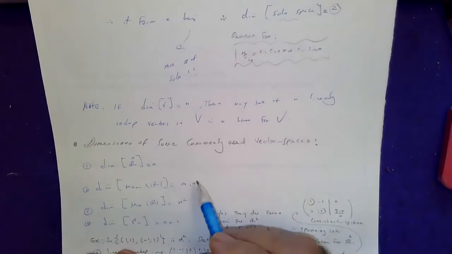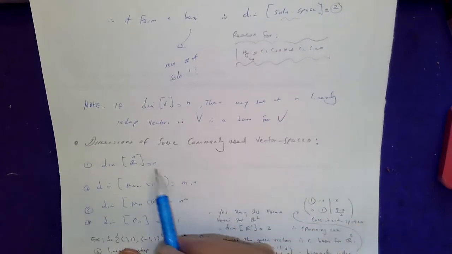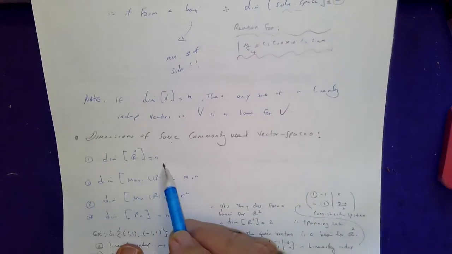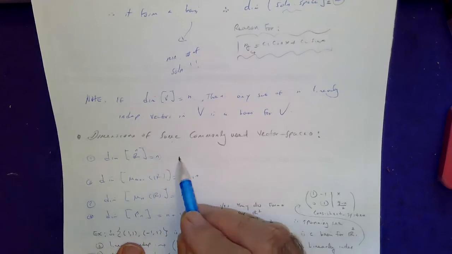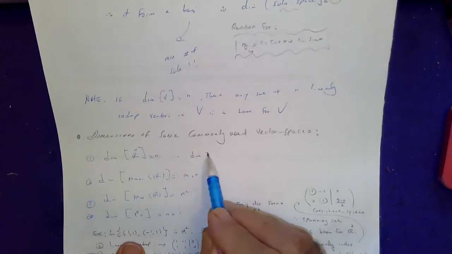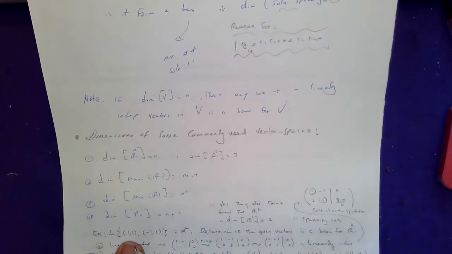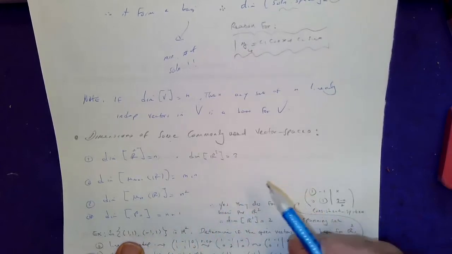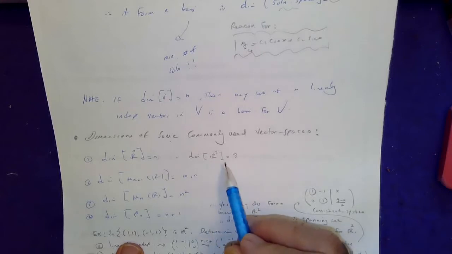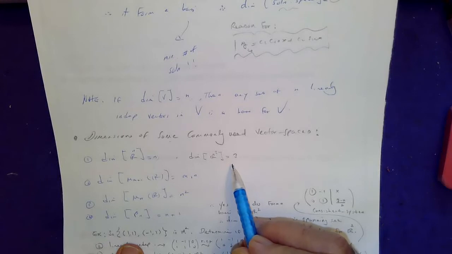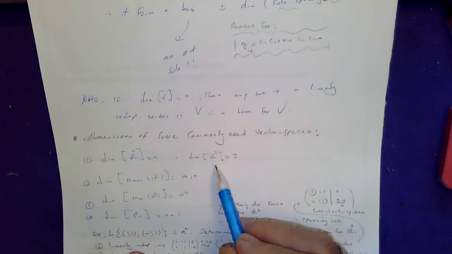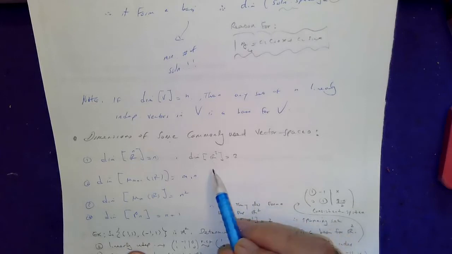The dimension for some commonly used vector spaces: the dimension of Rn is n, so in particular, the dimension of three-dimensional space happens to be 3. That's obvious: in three-dimensional space it takes a minimum of 3 linearly independent vectors, which also span the vector space, to determine the dimension.